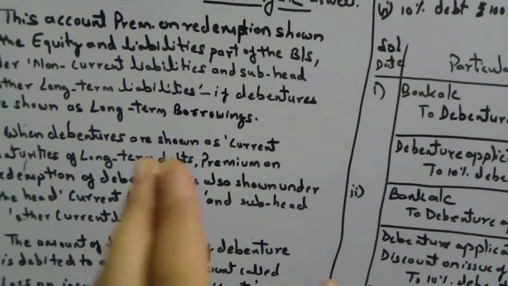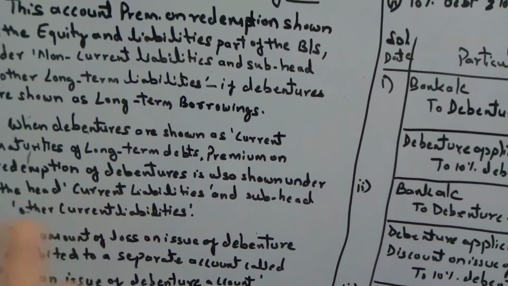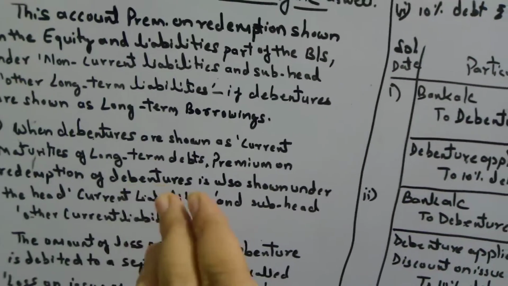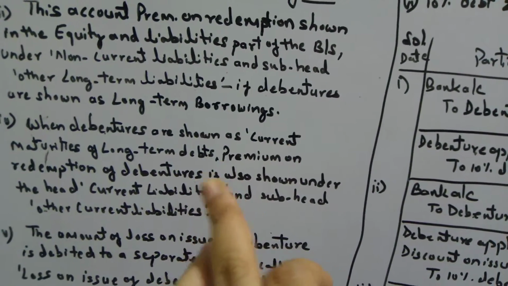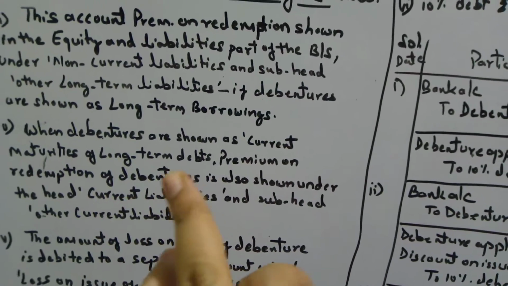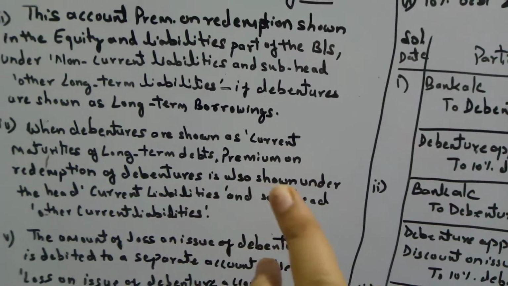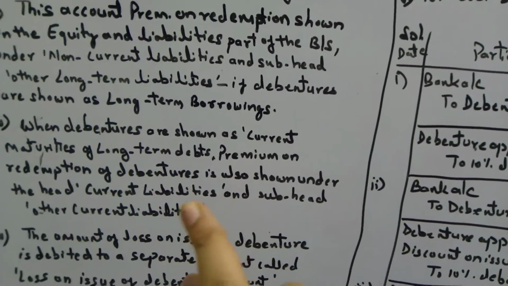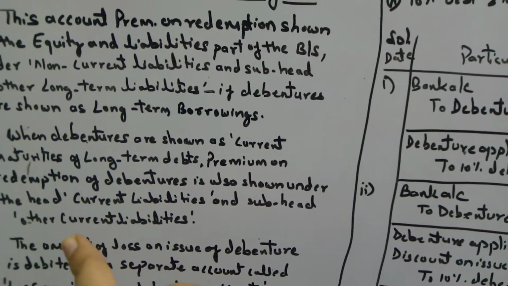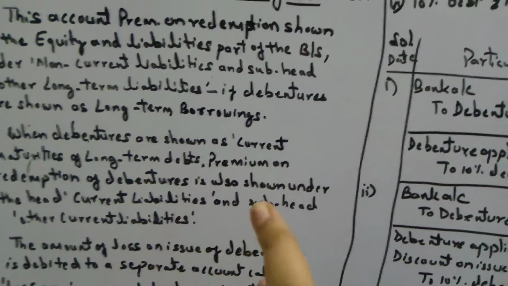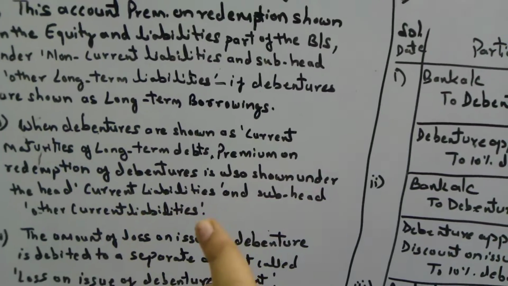If it is shown as current maturities, that means it is not long term. In that case, premium on redemption of debenture is also shown under the head current liabilities, under the subheading of other current liabilities.